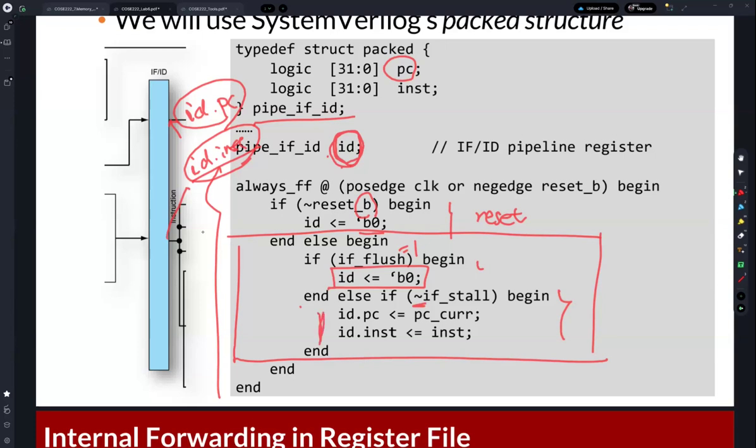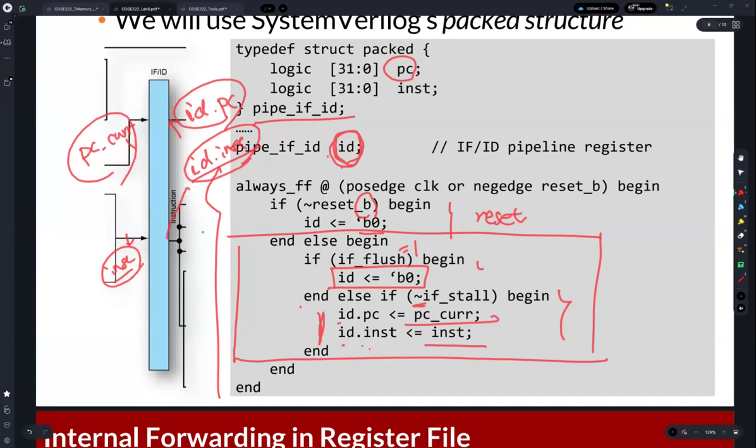Then you can find id.pc is the PC core, and id.inst is the inst. So this is the PC underbar core, the current PC, and this is the instruction from the instruction memory.